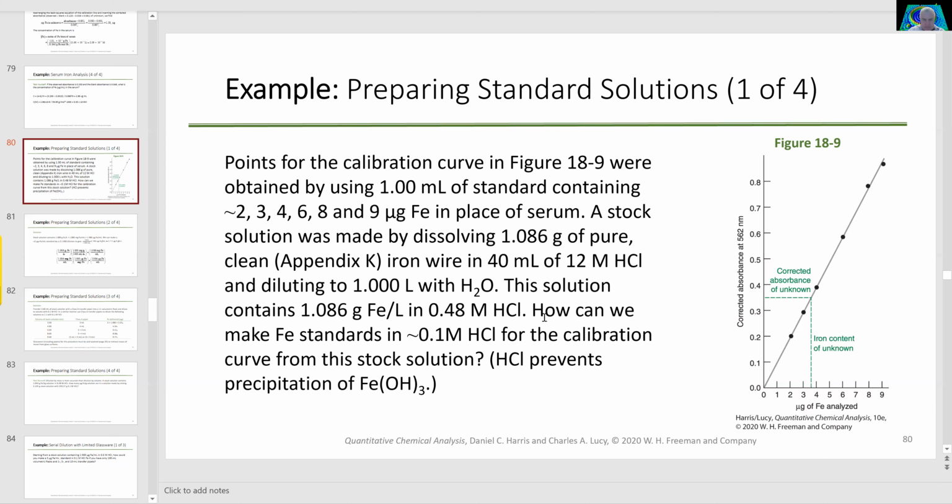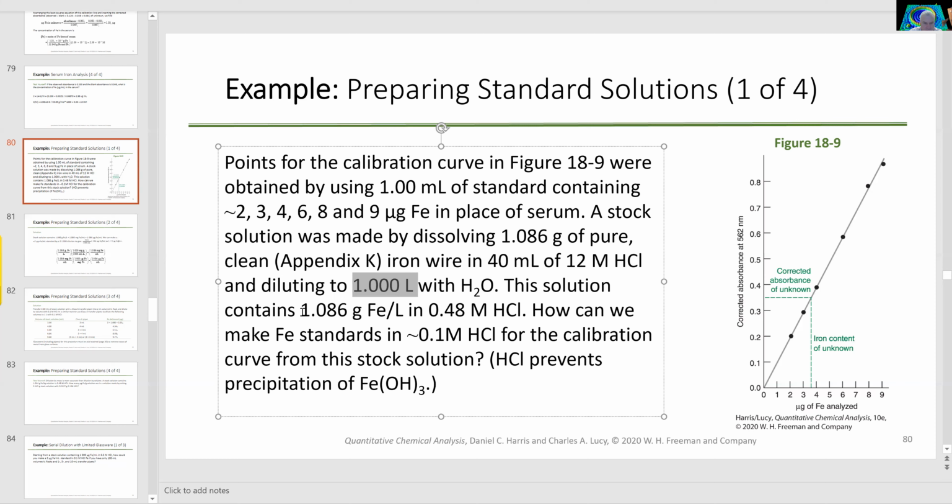So what this means is that we took this many grams of iron per liter, right? We took 1.086 grams of pure iron wire, we dissolved it, and then we diluted it to 1 liter, right?